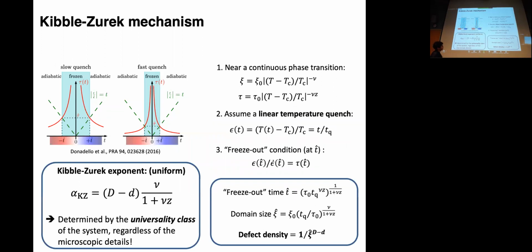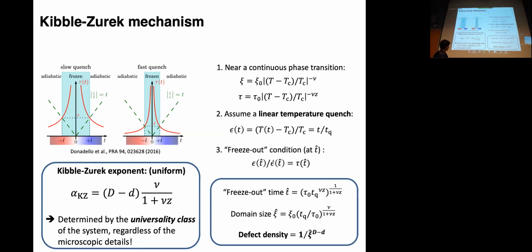I'm not going to go into too much detail, but just emphasize the key take-home message relevant for my talk, which is that if you apply a linear temperature quench to your system, the defect density that you're going to observe has a very well-defined power law relationship to the quench rate, where the characteristic power law exponent, the Kibble-Zurek exponent as we call it, is determined by the universality class of the system, regardless of the system's microscopic details.